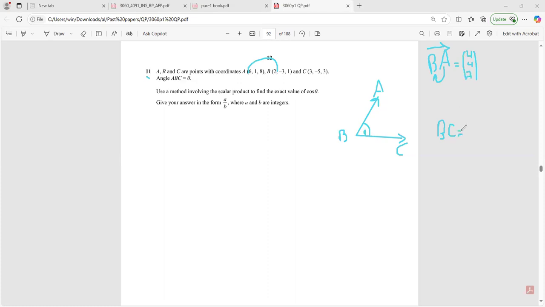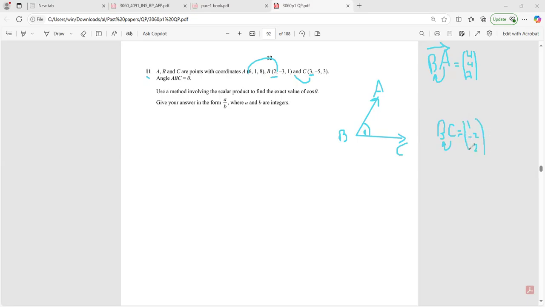And the BC vector will be C minus B. 3 minus 2, which is 1. Negative 5 minus negative 3, which is negative 2. And 3 minus 1, which is 2.